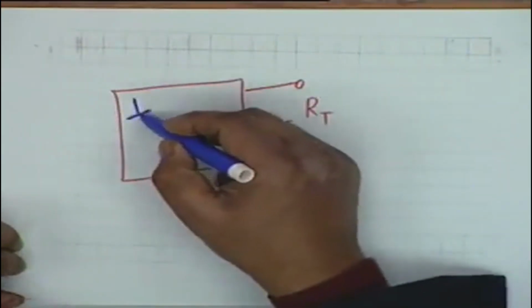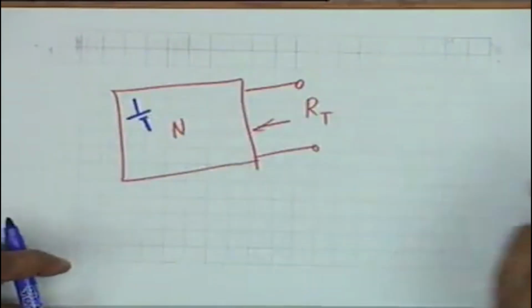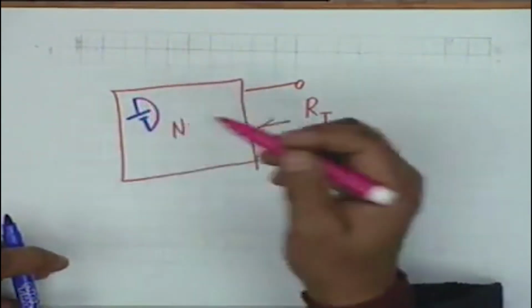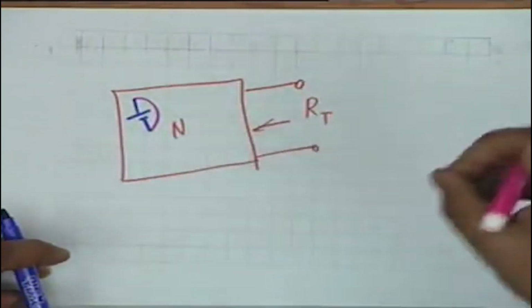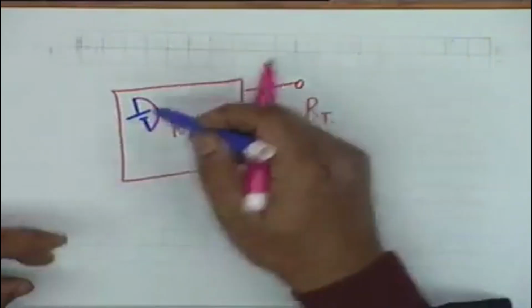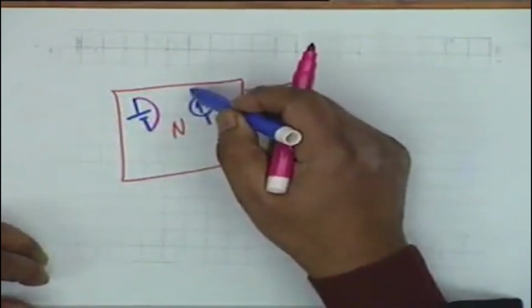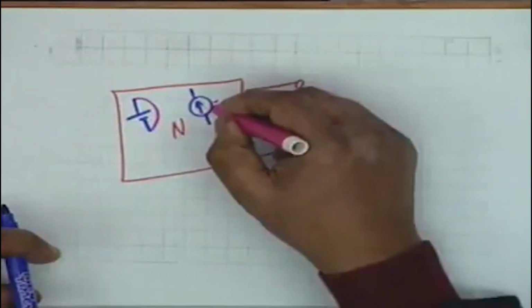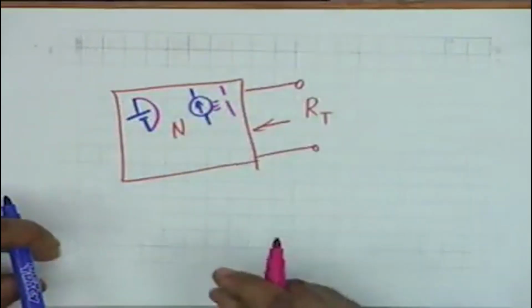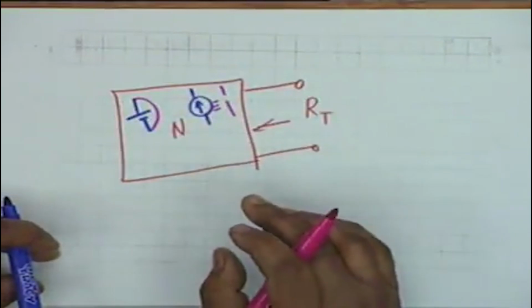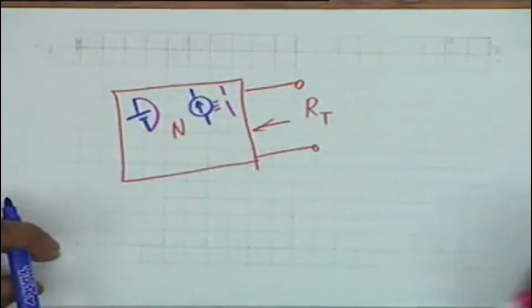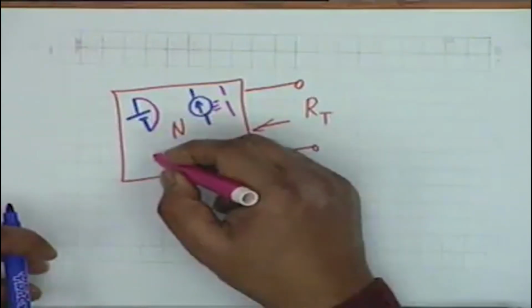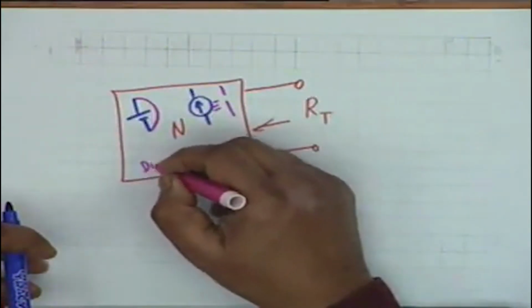That is, if you have an independent voltage source, you short circuit this, which means that physically you remove the source and put a short circuit. If you have an independent current source, you replace this by an open circuit, so that what you really do is physically remove the current source.